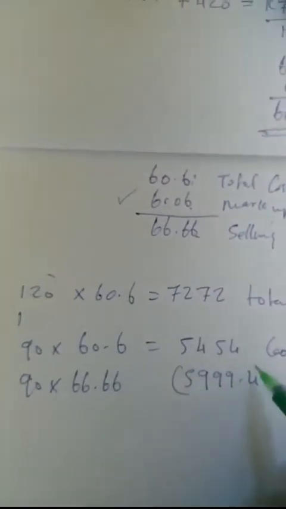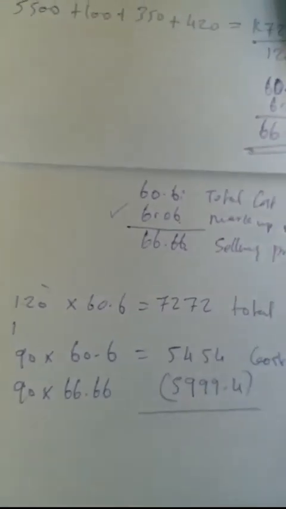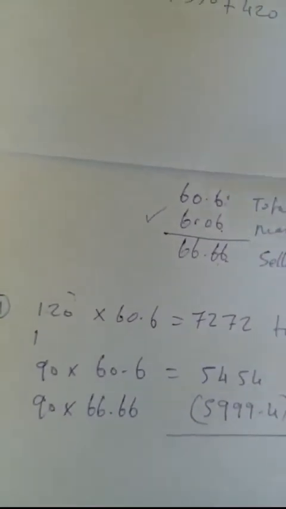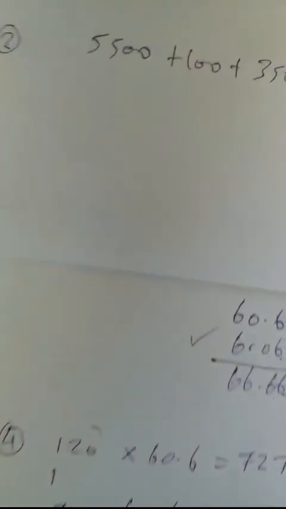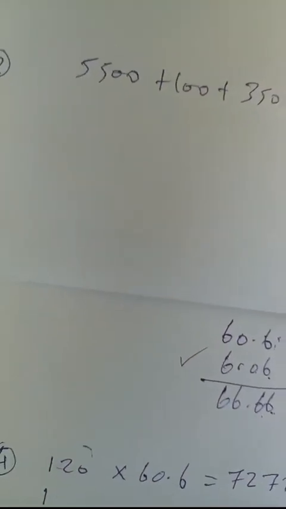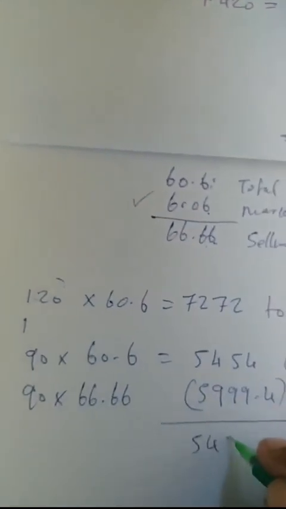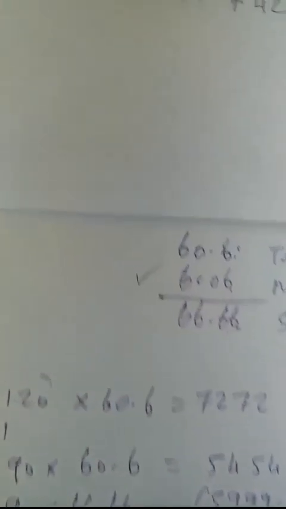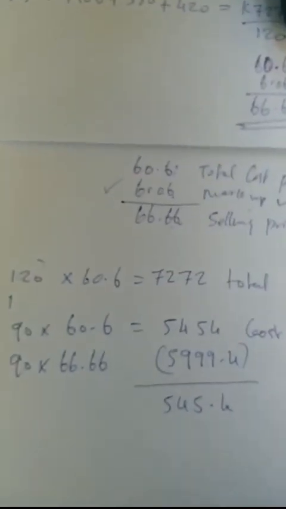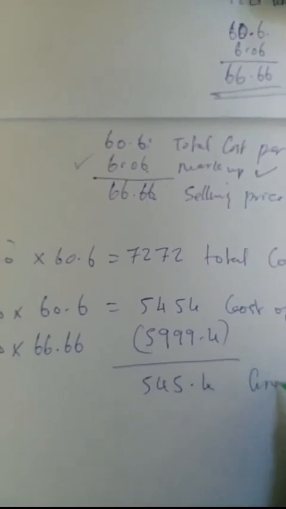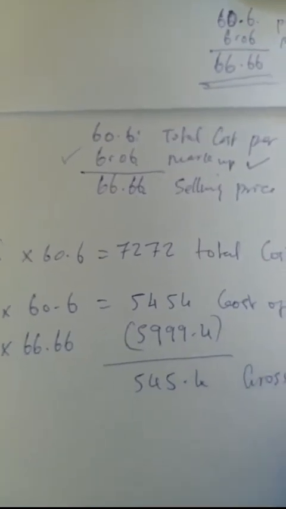Then let's subtract to find how much we made. We made 545.4. This was our gross profit.